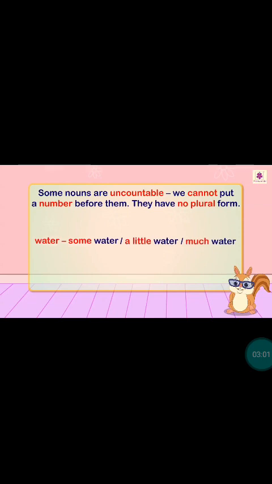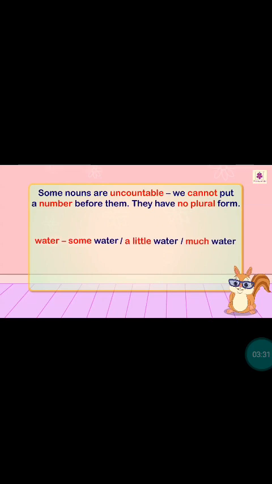So, how to count uncountable nouns? For example, if we take water, water is an uncountable noun. Can you count water? Can we say one waters, 2 waters, 3 waters? No, right? So, let us see how we count water.